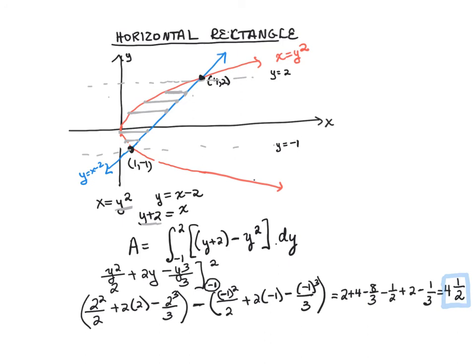So remember, when we use horizontal rectangles, and again, we don't use them that often, the horizontal rectangle spans the region where the right curve and the left curve are consistent throughout the region. And when we use a horizontal rectangle, we take each function, solve for x, so that we can express the function in terms of y, and we integrate with respect to y.